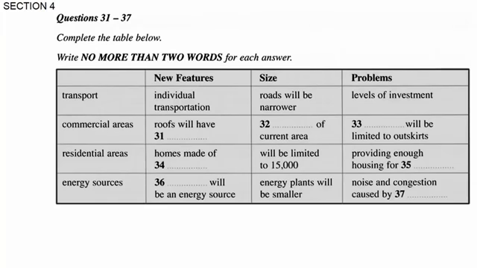Then, of course, there are the residential areas, and these will undergo their own changes. One particular development will be houses which are built from glass, as innovations in this material allow it to provide light without causing problems with temperature inside a building.